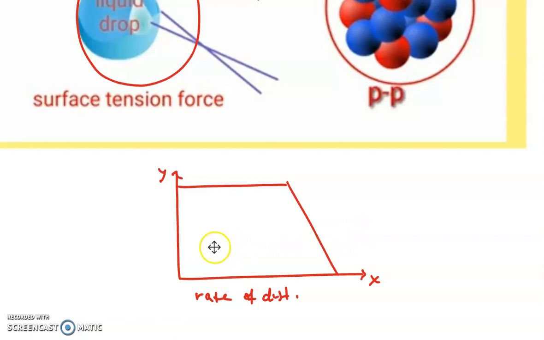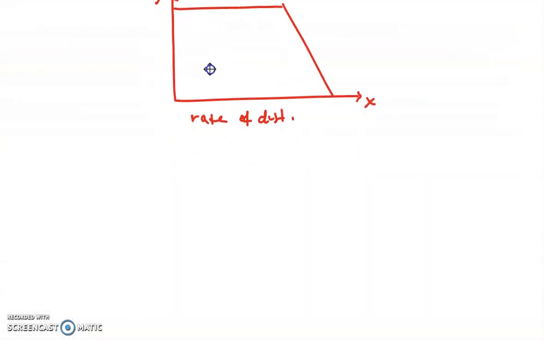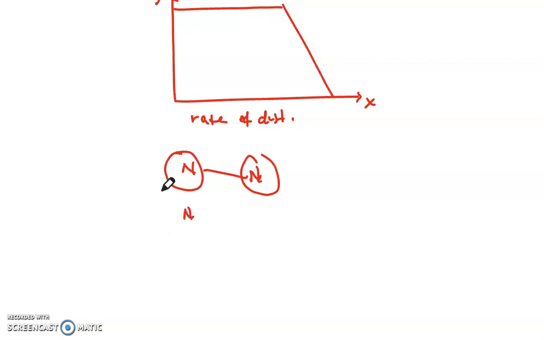Now when we look at the force of attraction, let's say that we have two neutrons. In this case, we have a neutron and another neutron. We have neutron, proton.